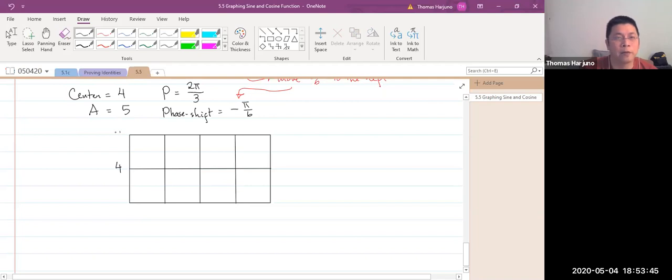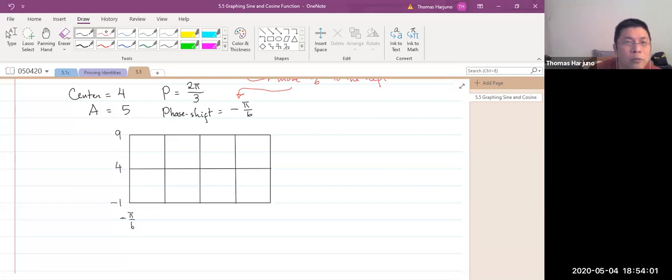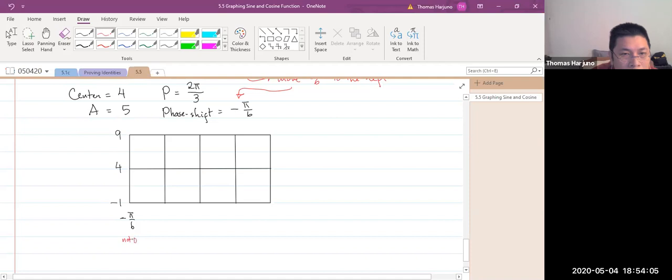So up 5 gives me 9, down 5 gives me negative 1. Now the phase shift makes the x component, instead of starting from 0, start from negative pi over 6. Not from 0.